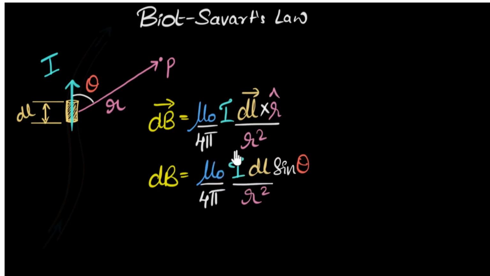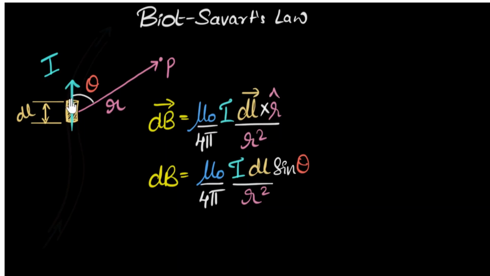So we can also see that the magnetic field depends upon the strength of the current I, which means that the moving charge produces a magnetic field. That is, higher current means more moving charge per second, so we can have more magnetic field.